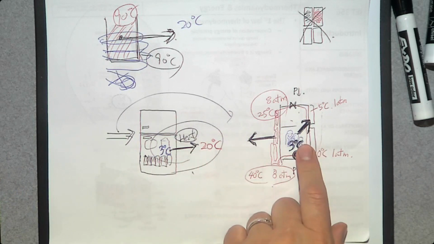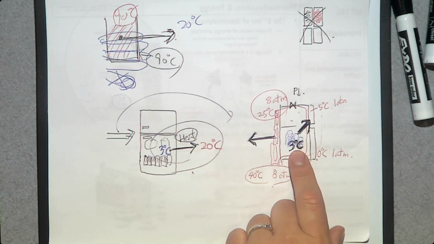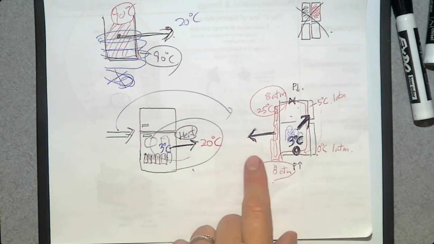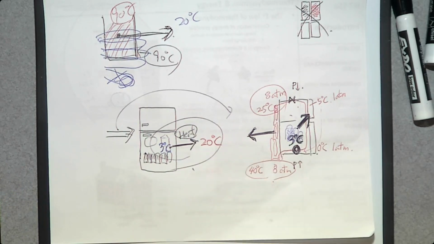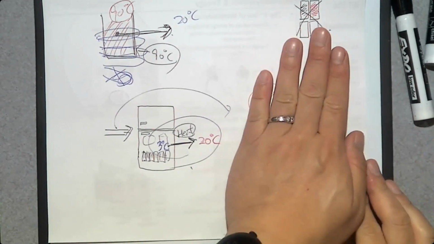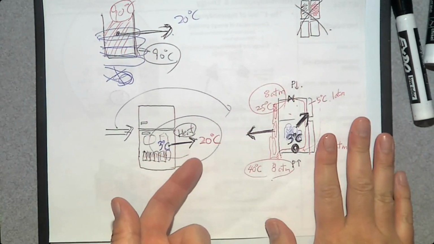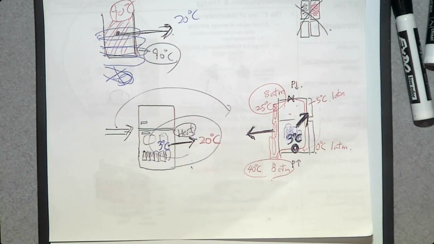It's a two-stage heat transfer: from 3 degrees Celsius to -5, and from 40 degrees Celsius to 20. But overall, if you don't look at the inside, it looks like heat transfer from 3 to 20. So it doesn't violate the second law. Of course, when we go to chapter 5, we are going to study refrigeration systems in more detail. We can study that later.